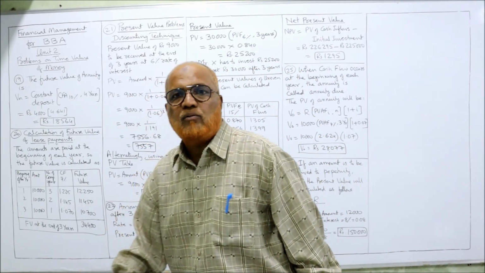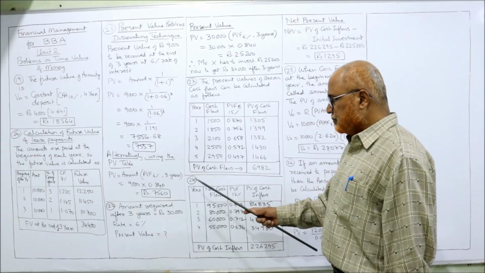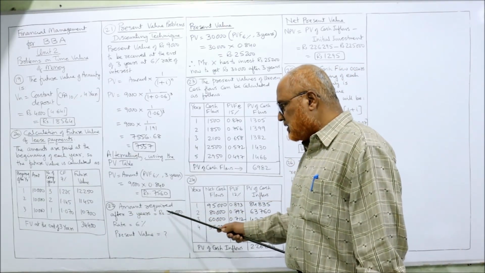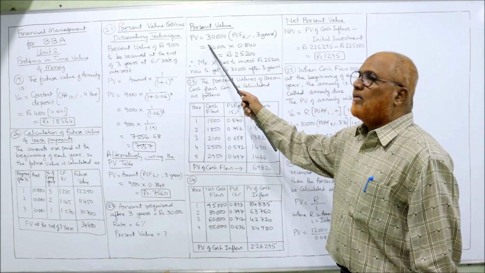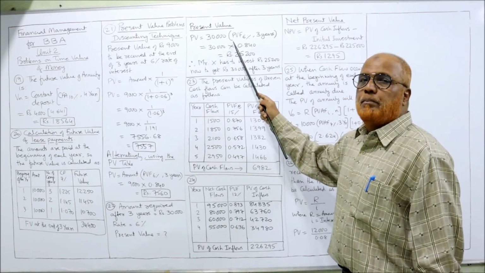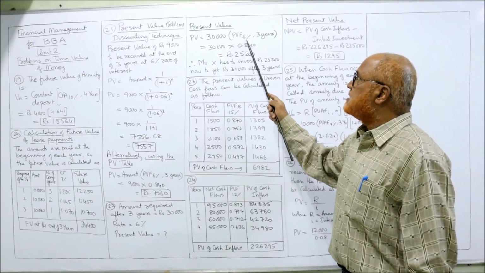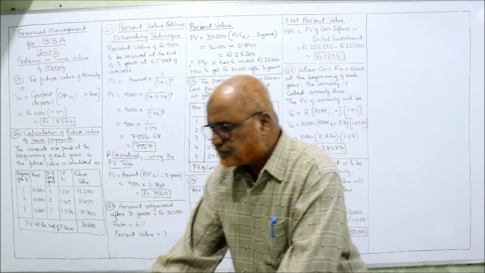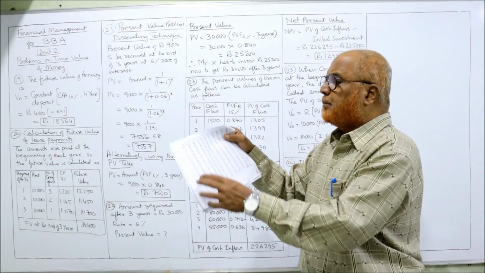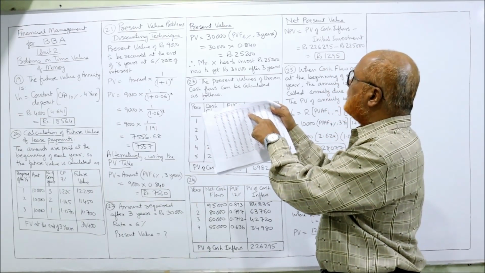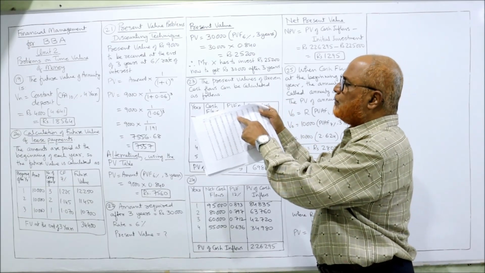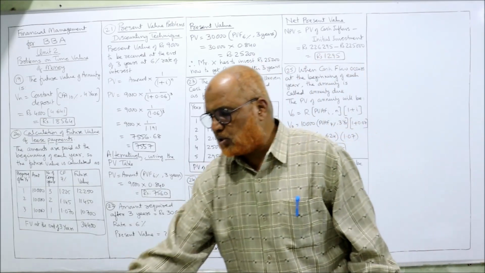How much present value we have to find out. So here, the amount required after 3 years is 30,000. Rate of interest 6%. Present value how much? The present value is equal to 30,000 into present value factor 6% 3 years. Exactly the same present value table, 6% 3 years is 0.840.